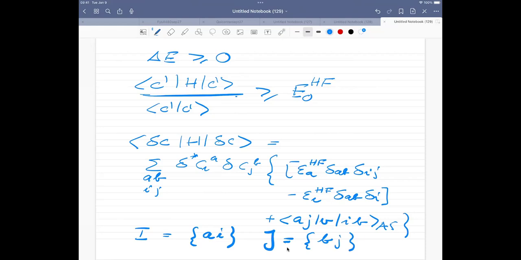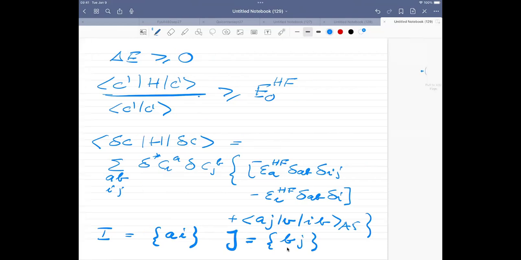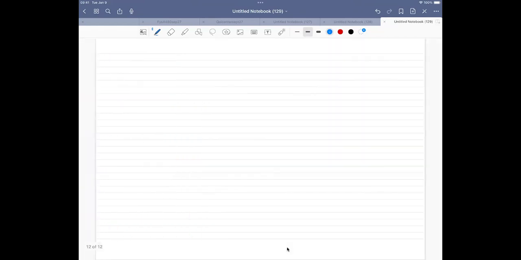Now, if I do that, then I can rewrite the matrix elements, and I'm going to also redefine this matrix element, or integral as we call them, AJ, V of IB. I'm going to call this a quantity A, and this is going to depend on the particle hole state AI and the particle hole state BJ. And I will just rewrite that as an AIJ here.